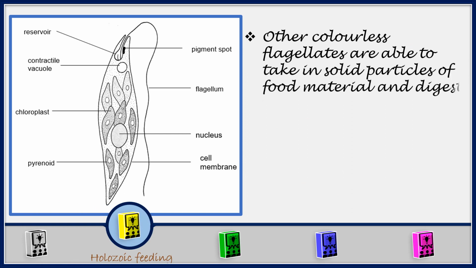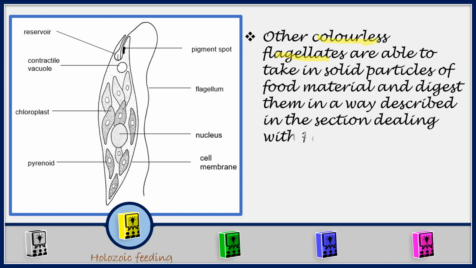Other colorless flagellates are able to take in solid particles of food materials and they digest them in a way described in the section dealing with the paramecium.